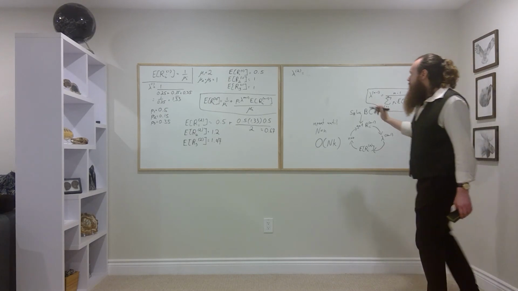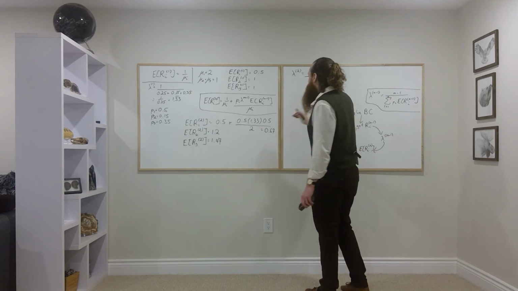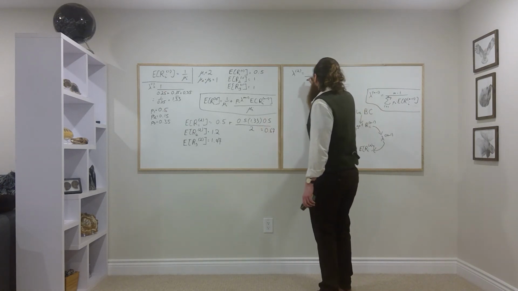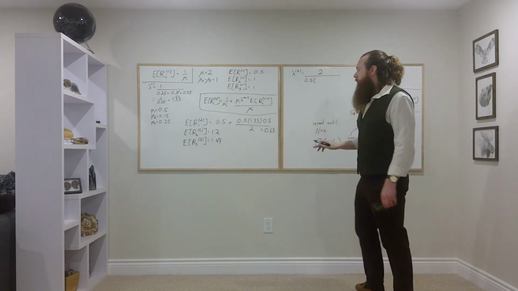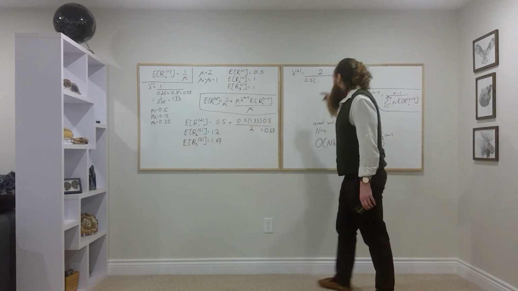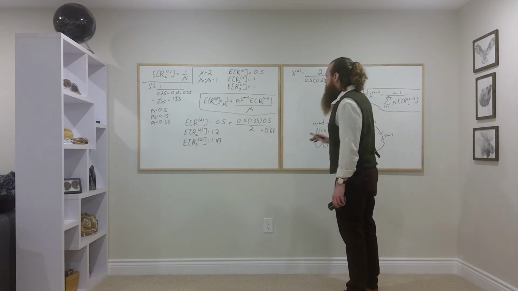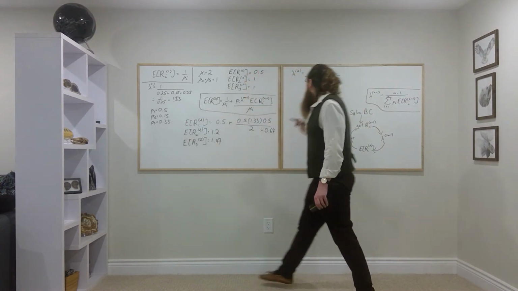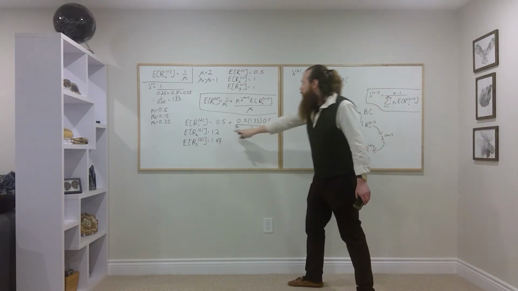Right here. So I know this is going to be 2 over, then I sum all of these up. So it's going to be 0.5, that's P1, times this 0.67, plus P2, that's 0.15, times 1.2.